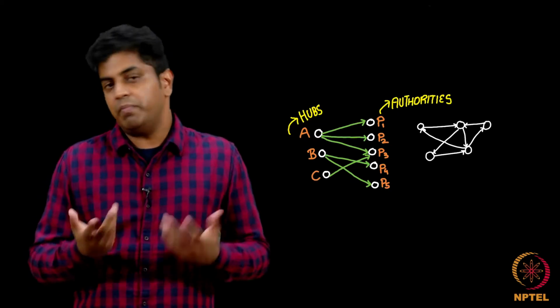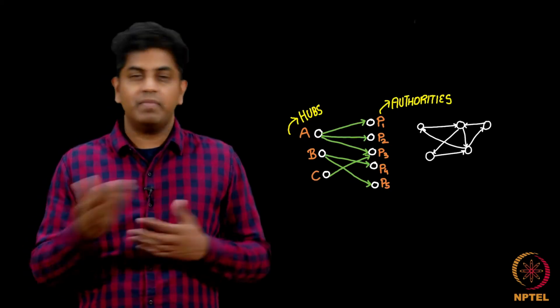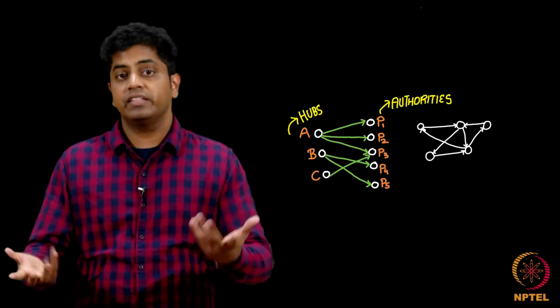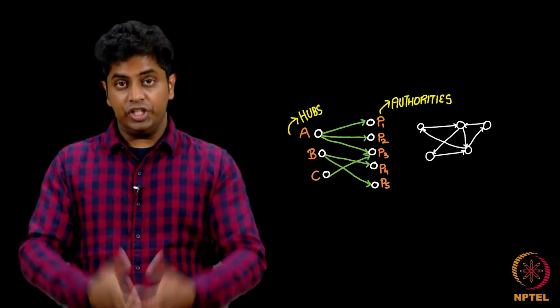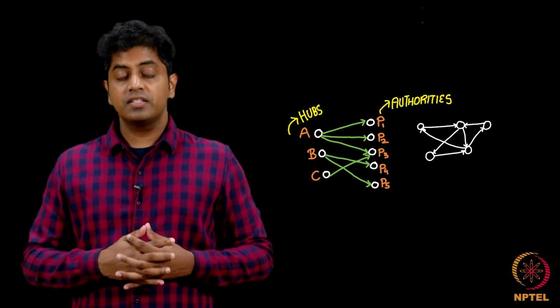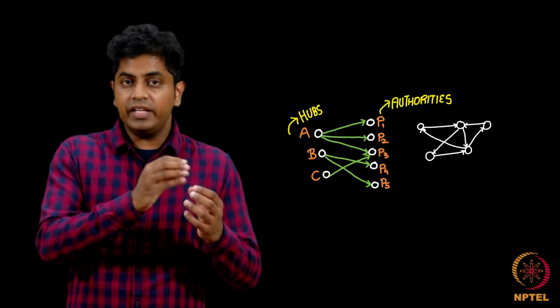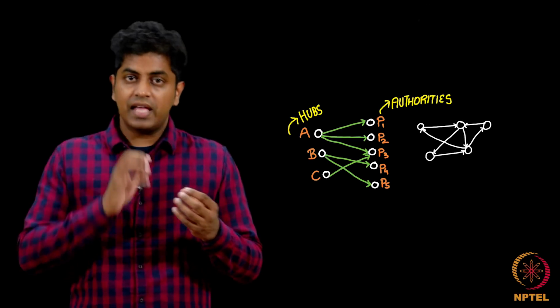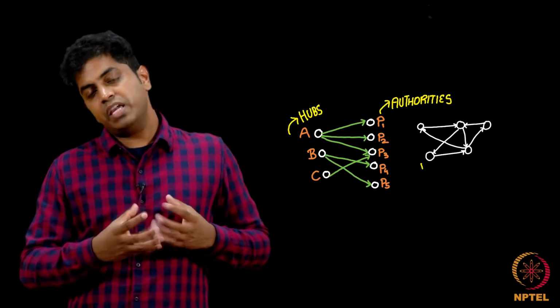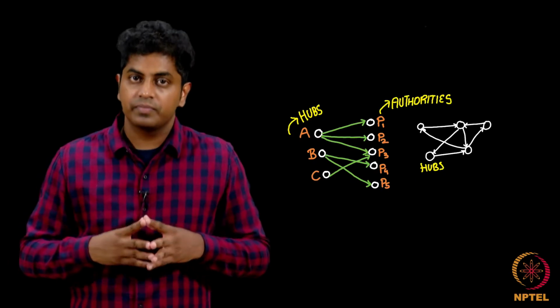In the previous example, it was my friends recommending places to visit, it can be anything for that matter. So, given a graph G, all I am saying is a node can be given points as hubs, it can even be given points as authorities.